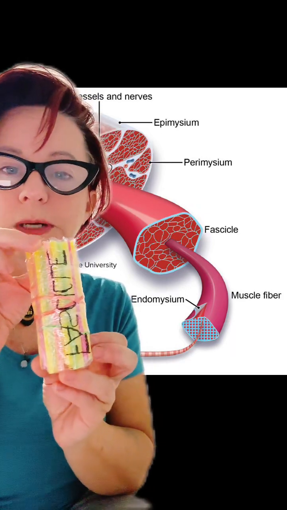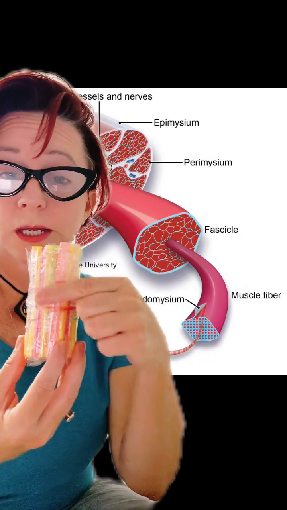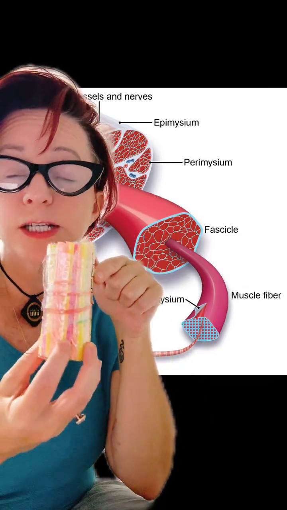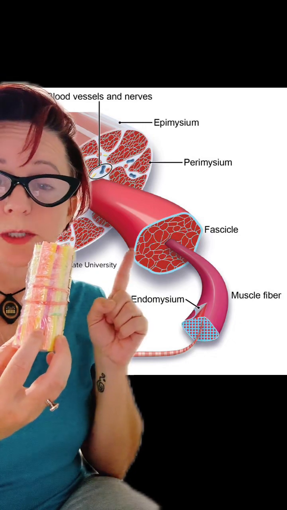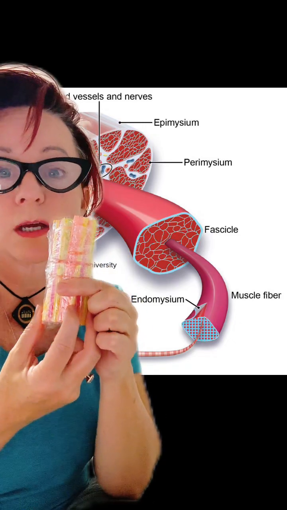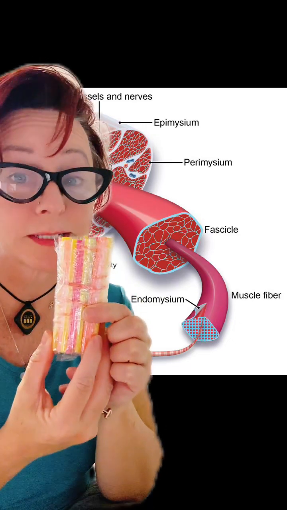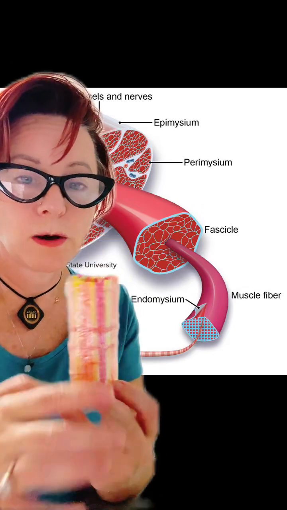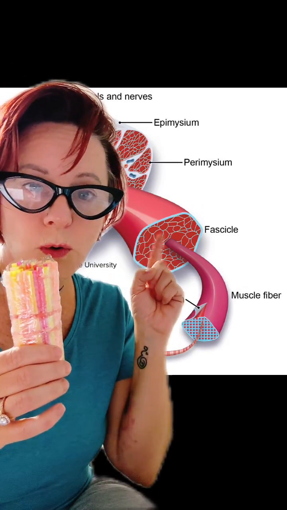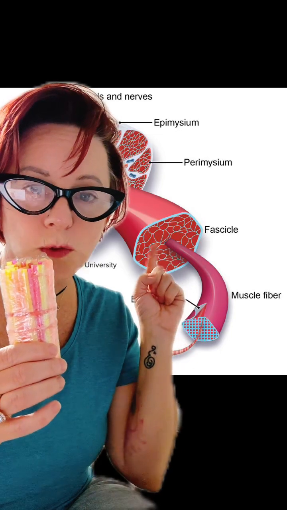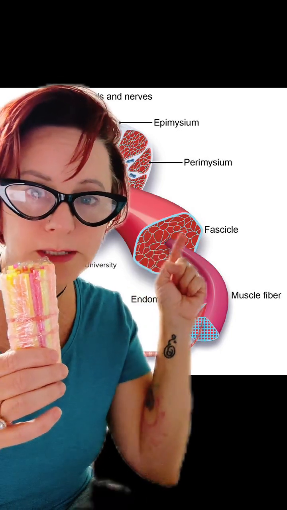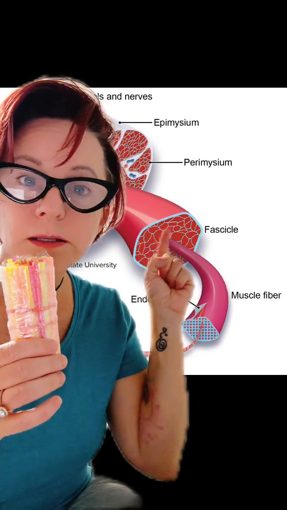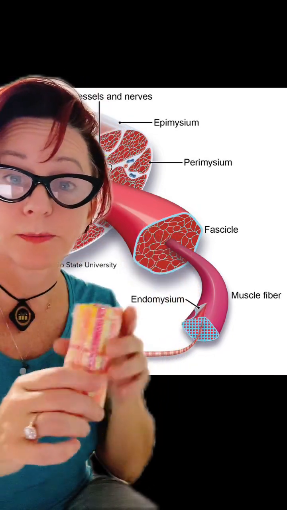And now you've got the muscle fascicle, which in this, each bundle is actually covered in fascia, and it is called the perimysium. Now, if you notice in the picture, there's a whole bunch of these fascicles, and each one is wrapped in fascia. Just happens to be called perimysium.